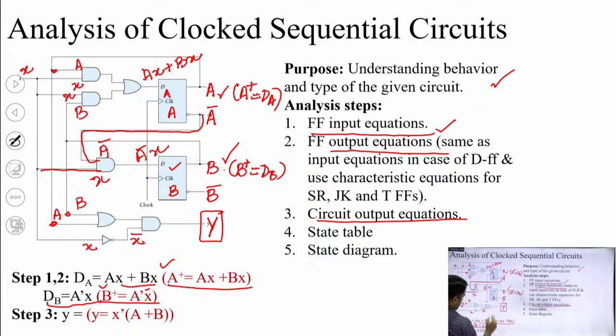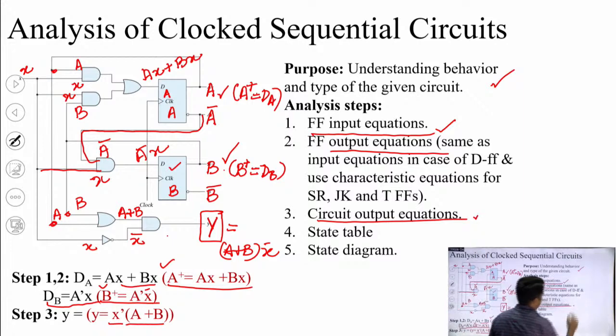So this becomes A plus B into X bar. Is it clear? So this is A plus B and it is getting multiplied with X bar. So Y is equivalent to A plus B into X complement. Okay, so this is the expression for Y. So we have derived these 3 steps. We had covered these 3 steps in our yesterday's lecture also, so I have repeated them.